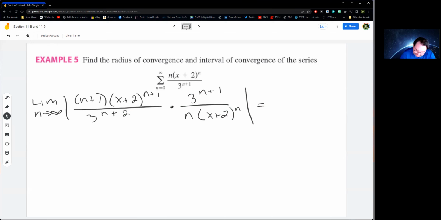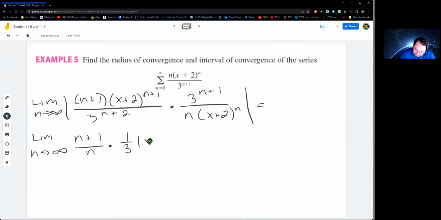If I simplify this down, I'm going to end up with n plus 1 over n. And then I'm going to have a 3 in the denominator.